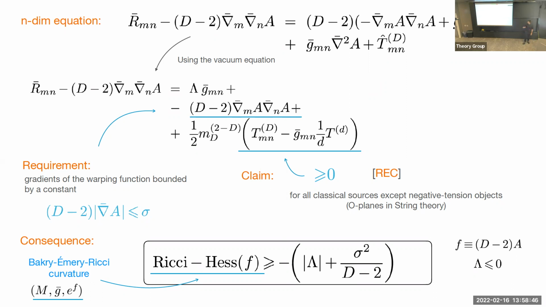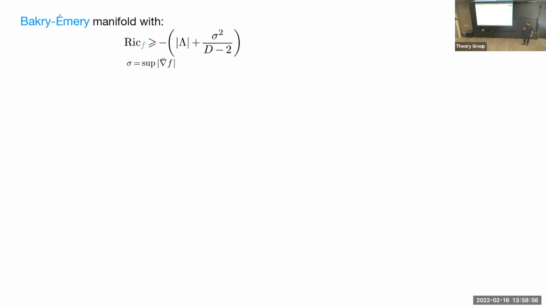In this framework, it turns out that this peculiar tensor is very powerful in constraining the geometry. And in particular, we have found a lower bound on this tensor.